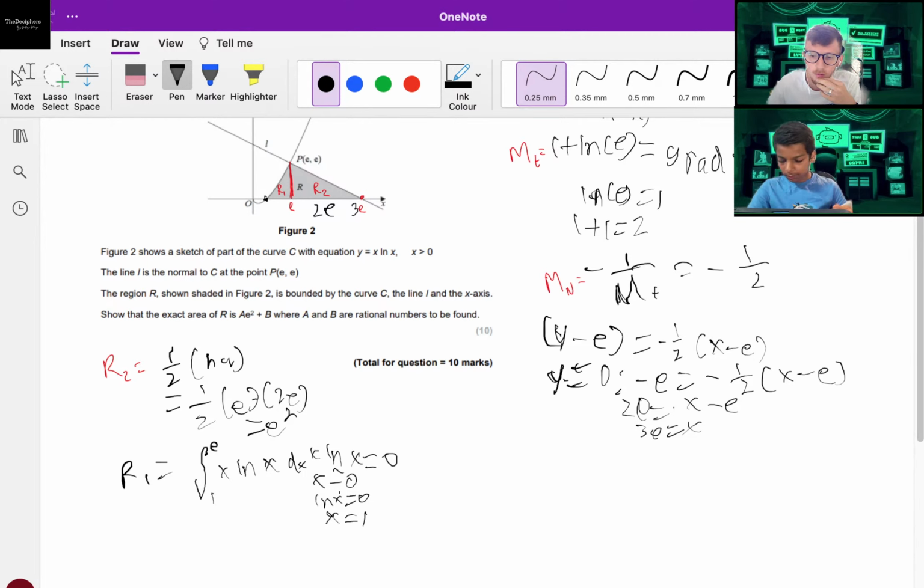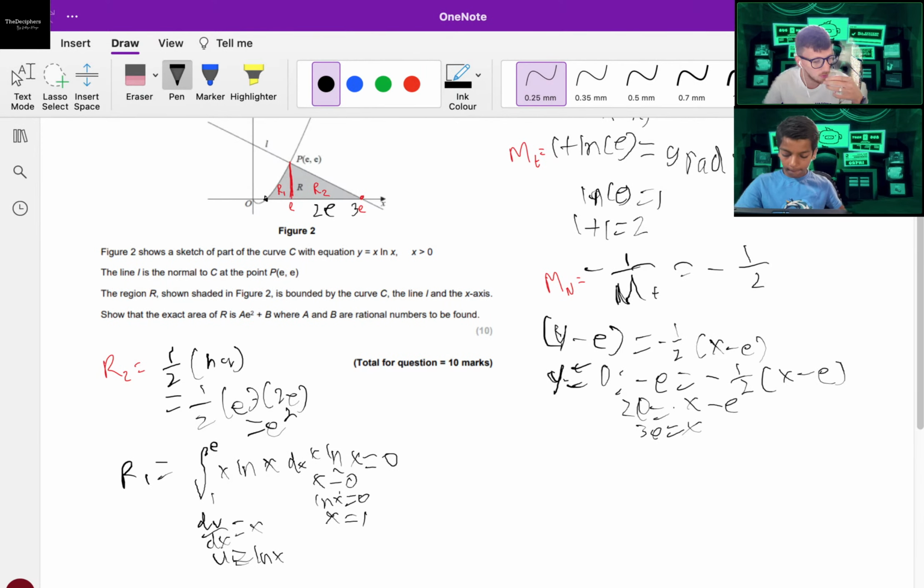So we're going to set dv/dx is x, and u is ln x. Good stuff. And what's nice about this is not only is x the easier one to integrate, but ln x is nice to differentiate, especially when you're multiplying by some function of x, because it cancels things down nicely.